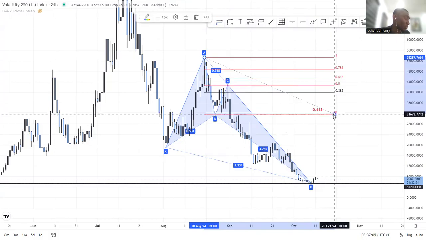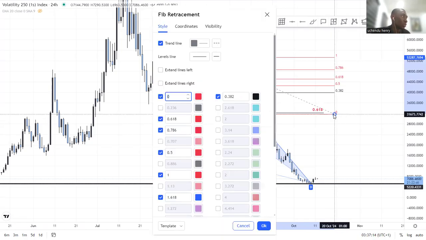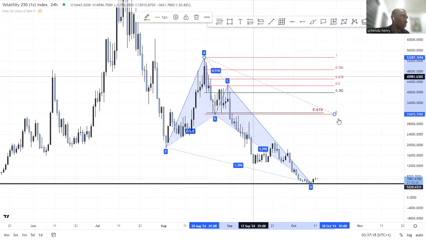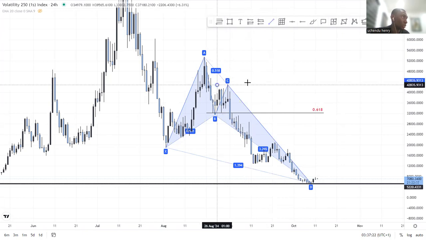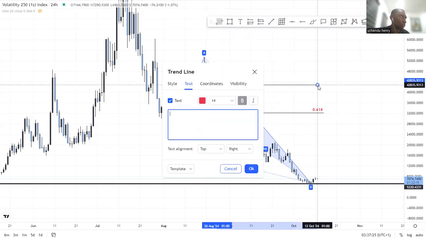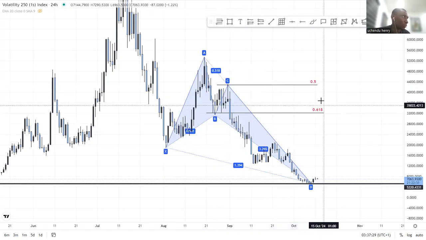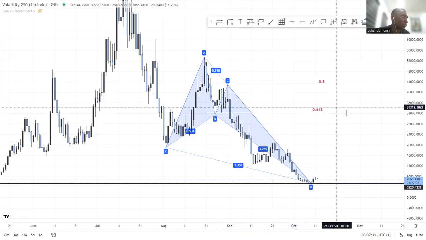That's formed around 0.5, which is still valid because the C point of the crab pattern falls within 0.382 to 0.886. So 0.5 is 100% valid. So we got that checked. Now what we have to look at is the potential reversal zone.